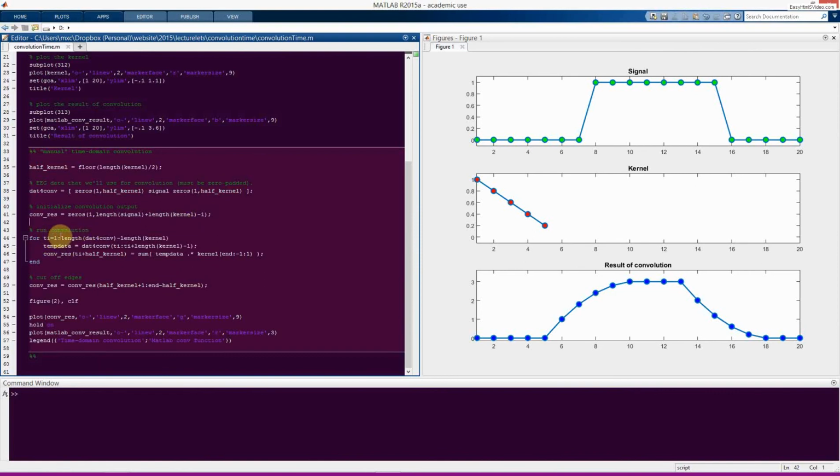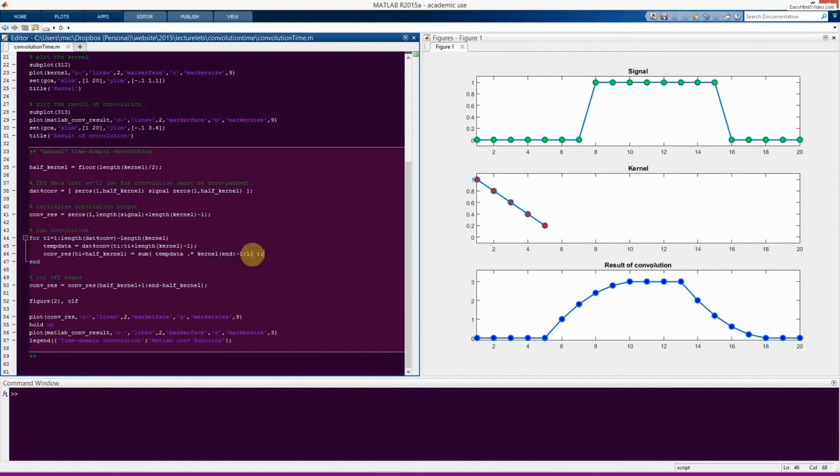So we are looping over time points, and at each time point we are computing the dot product between the kernel and the data. Now, I didn't discuss this in the lecture slides, but when you implement convolution in the time domain, the kernel gets flipped around backwards for technical reasons that are not really important to discuss.